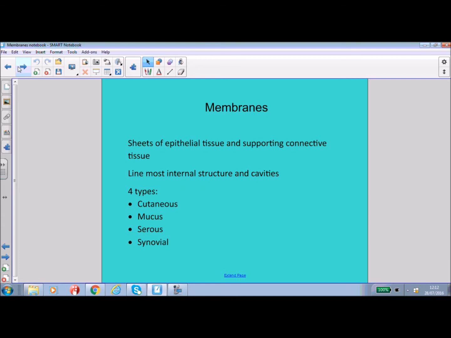You could argue it has a secretory function because of sweat. However, the sweat is actually coming from connective tissue lying underneath the cutaneous membrane. So cutaneous membrane is not a secretory membrane, it's there for protection. It's keratinized, stratified epithelium, so a compound or stratified epithelium, keratinized for protection on the surface.